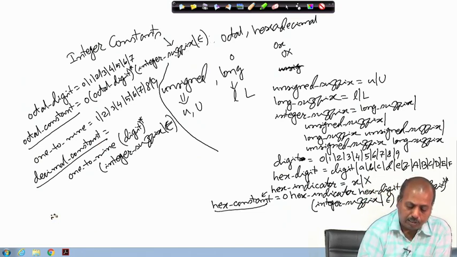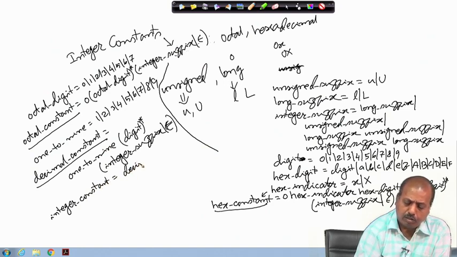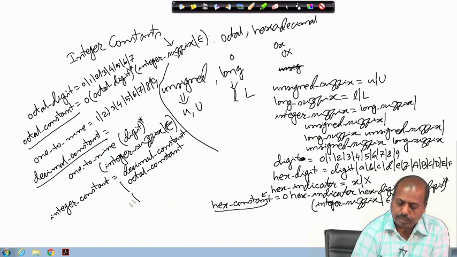Now, the overall integer constant is nothing but OR of all of them. So, integer constant can be defined as decimal constant or octal constant or hex constant.